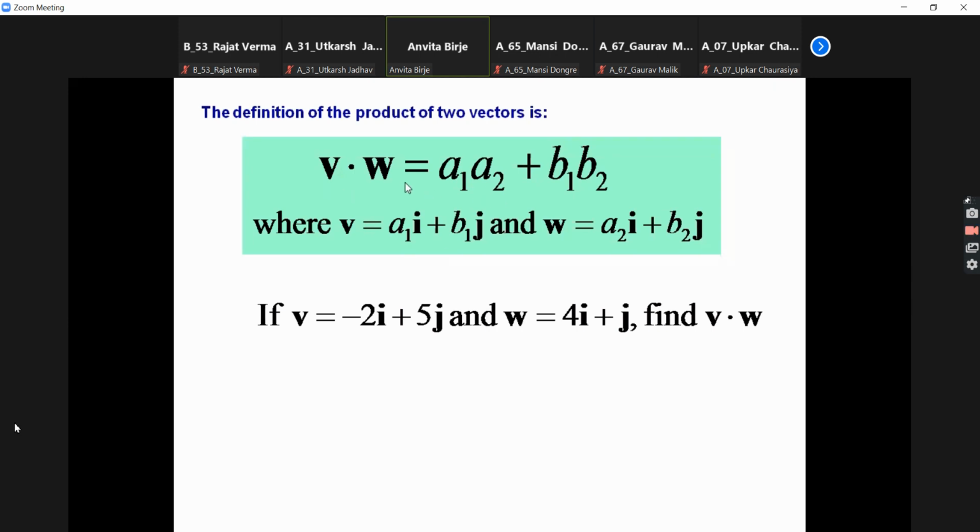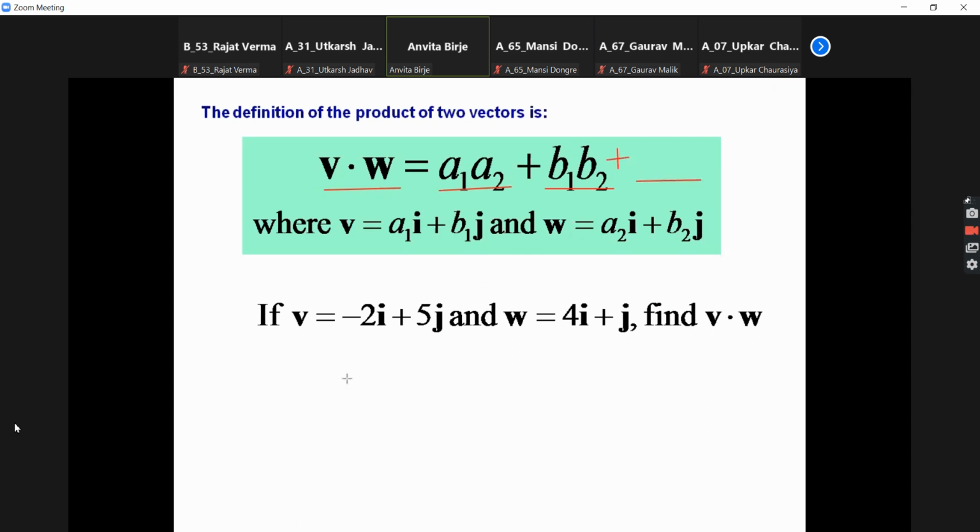So if I want to multiply V and W, the two vectors, then it is going to be the product of their x coefficients plus the product of their y coefficients. If there is also a k component, that will come next, and the product of the k coefficients will be added.